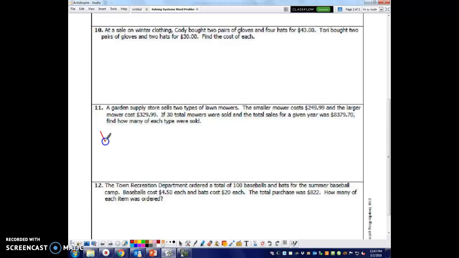Okay, so we're going to make X smaller mowers and Y larger mowers. The easy part is how many do they sell total? They sold a total of 30. So all the small plus all the large was 30 mowers altogether.